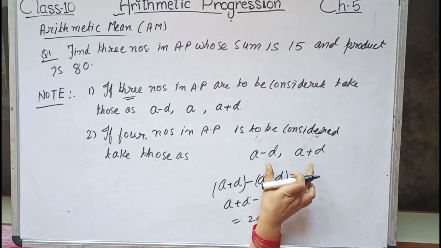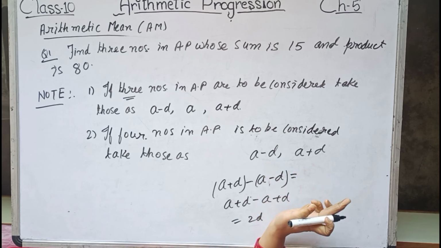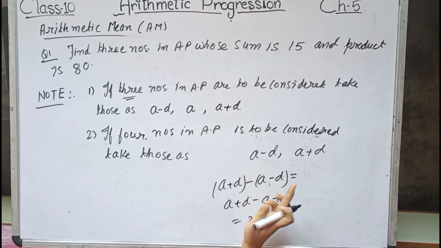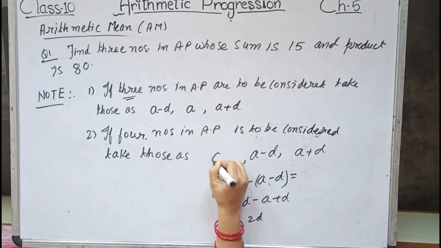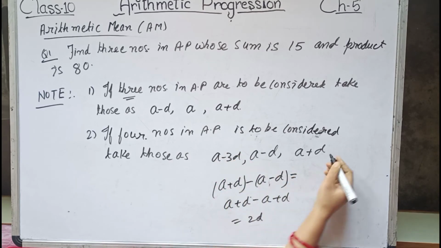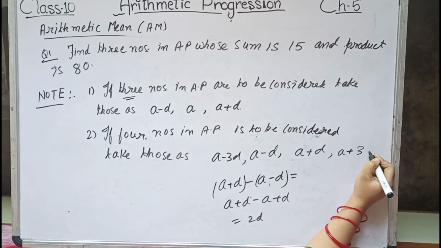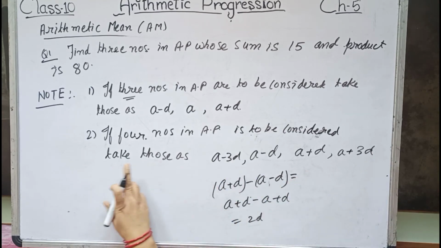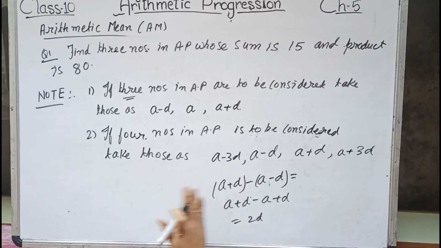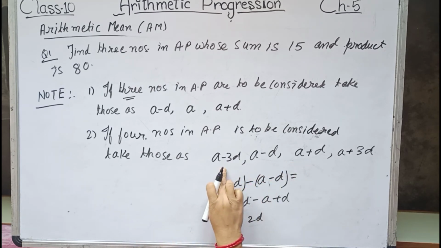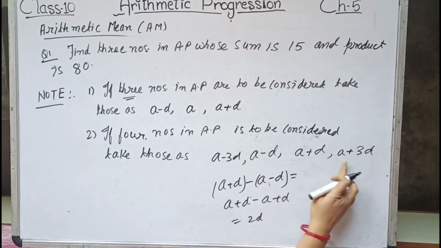That is the common difference I am taking over here as twice d. So a minus d minus twice d will be a minus 3d, and over here 2d you add, you will be getting a plus 3d. So if 4 numbers are to be considered in AP, we will consider those 4 numbers as a minus 3d, a minus d, a plus d and a plus 3d.